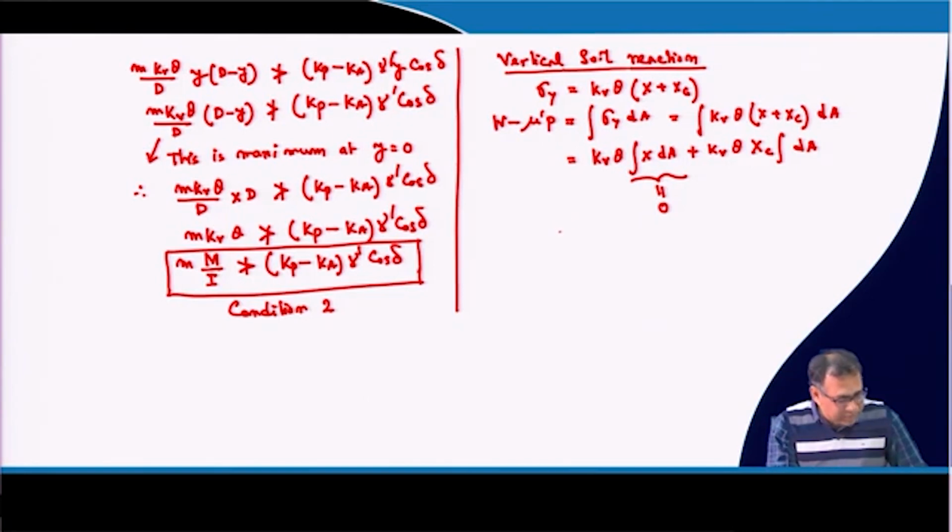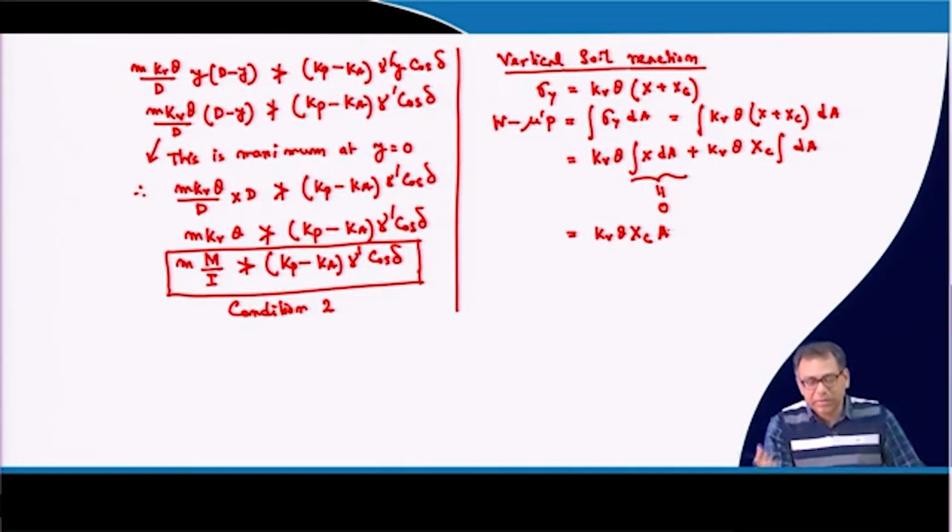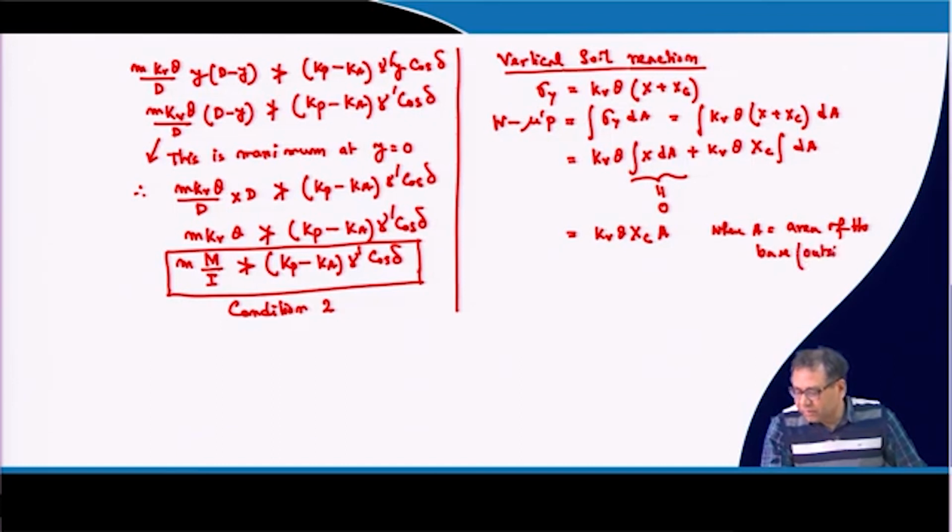If this is 0, then this will be simple K v theta x c, and integrating dA gives A, the total area of the base. Where A is the area of the base.